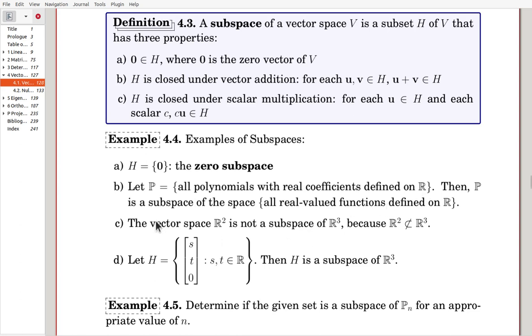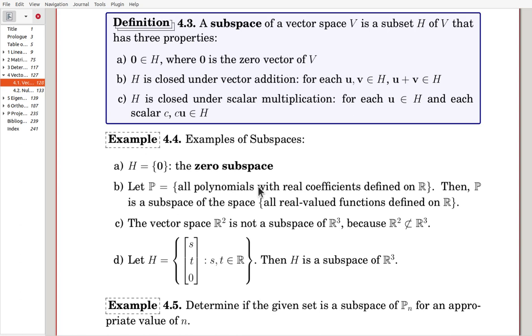Then P is a subspace of the space of all real-valued functions defined on R. Here there is a vector space: if you collect all real-valued functions defined on the whole real line, and consider just all polynomials, then the sum of polynomials will be again a polynomial, and a scalar multiple also will result in a polynomial.